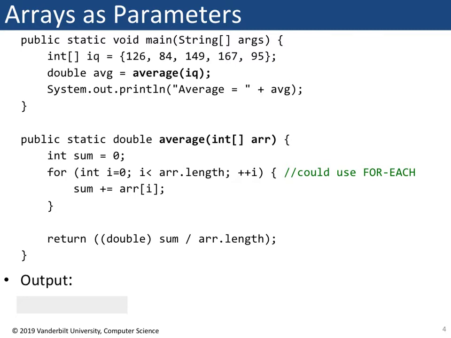Now let's look at the header for this average method. We've got public static and then double, so it's going to return a double value, and then the name of the method is average, and then we've told the method we're going to pass it an integer type array, and we want this integer type array parameter to be called arr, or that's sort of a contraction for array.